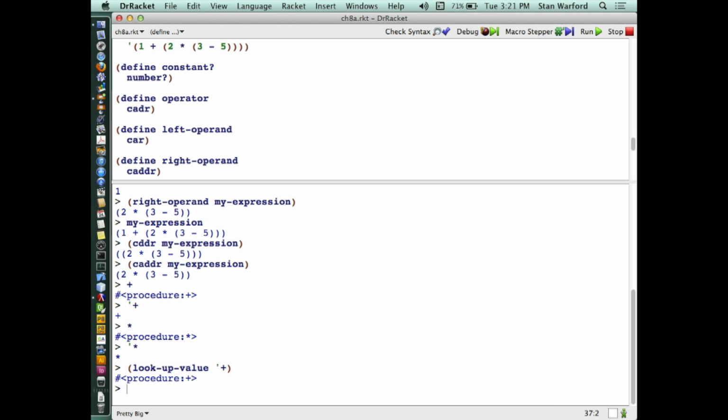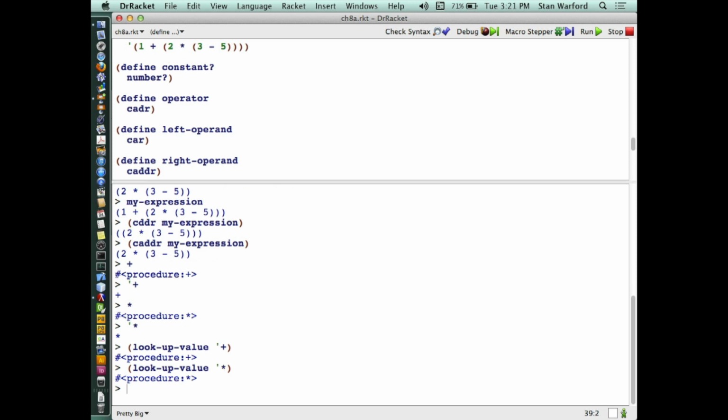Now, is everybody clear on what's happening here? And similarly, if we do lookup value and we can do this for multiply, it's going to give us the multiply procedure. This is programmed to do all four.